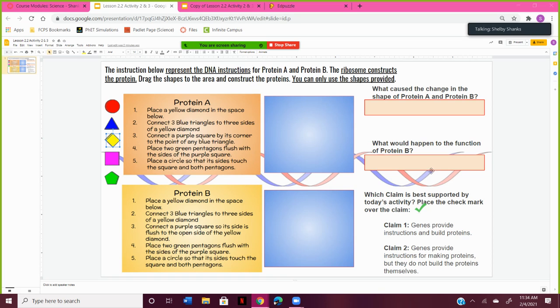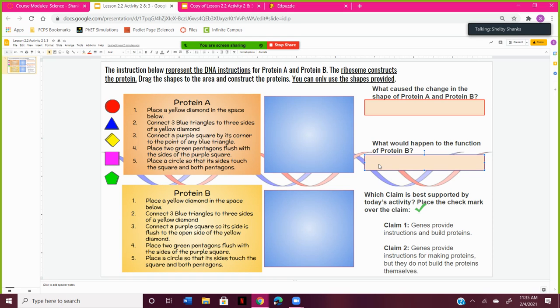Now, your 2 questions over here on the right side. What caused the change in the shape of protein A and protein B? All you're going to tell me is which instruction is different, because they're pretty similar, but there's a certain instruction that makes protein A and B so different. Now, don't get too confused with the second question: what would happen to the function of protein B? These are just shapes.